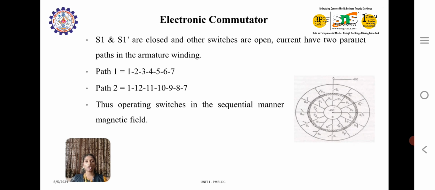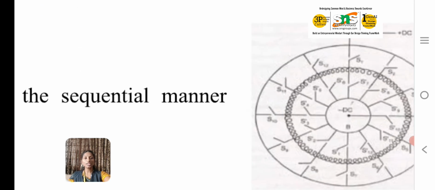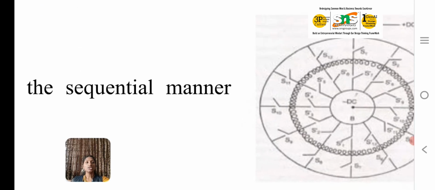Coming to the electronic commutator, here the commutator segments are not there. Instead we have a drive circuit which consists of switches. First let us consider that switch S1 and S1 dash are closed.